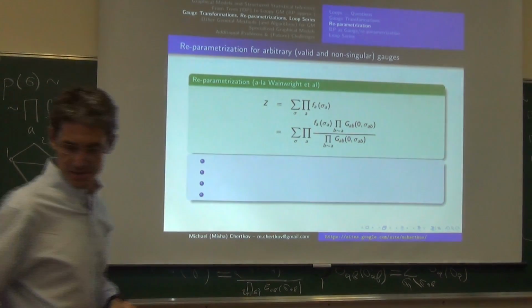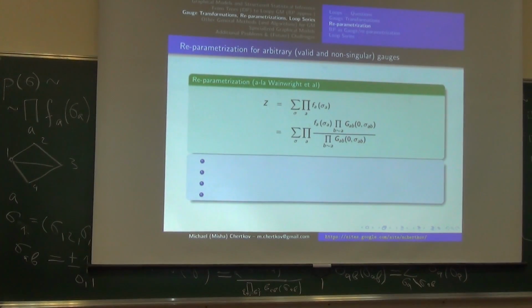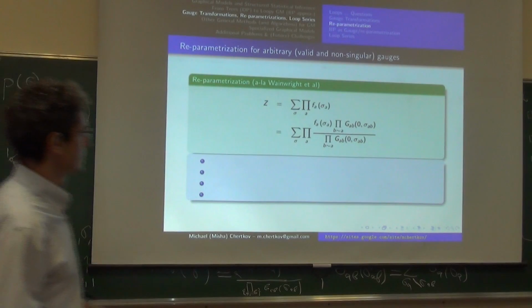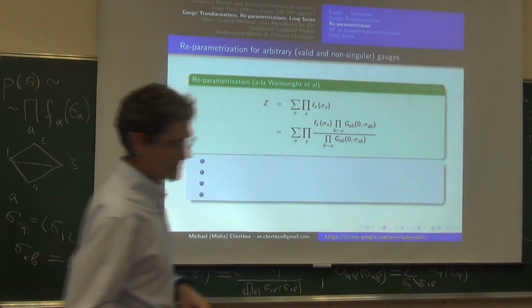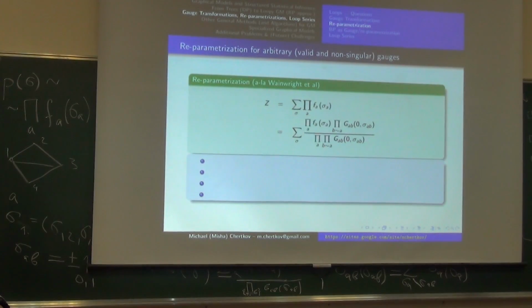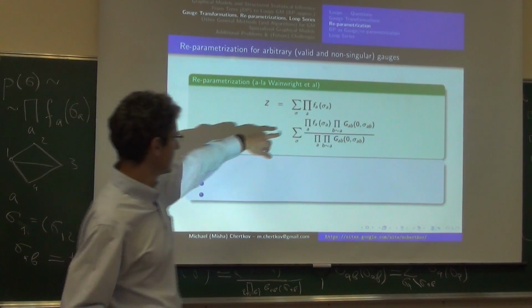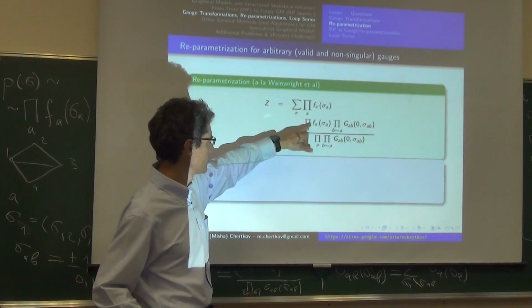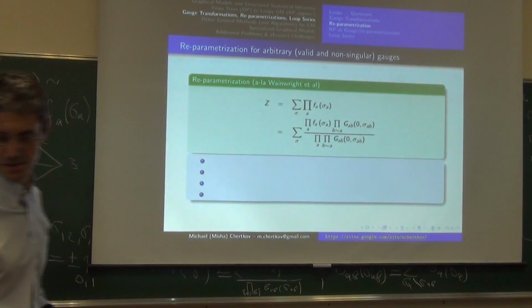Multiply, divide, there will be a number of transformations like that. Then I rearrange it a little bit, which is still innocent: a product of a ratio of products.